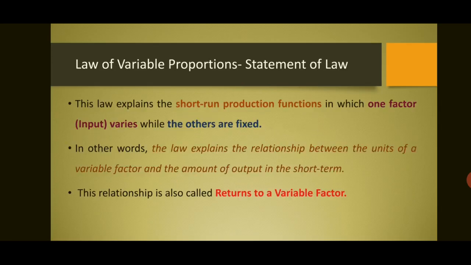So here is the statement of the law. This law explains the short run production function in which one factor, that is input, varies while others are fixed. In other words, the law explains the relationship between the units of a variable factor, in our example labor, and the amount of output in the short term.